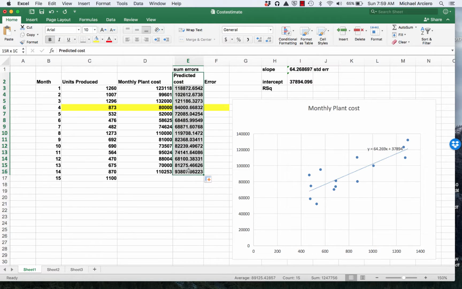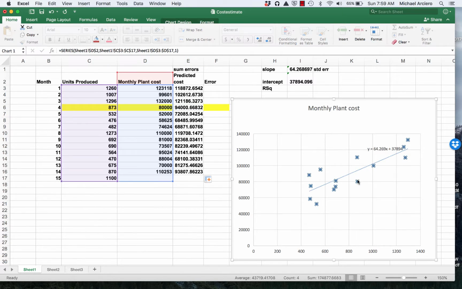Okay, so here are our predicted costs, right? So for our fourth entry here, our predicted cost is about $94,000, and that's this value right here on the line.